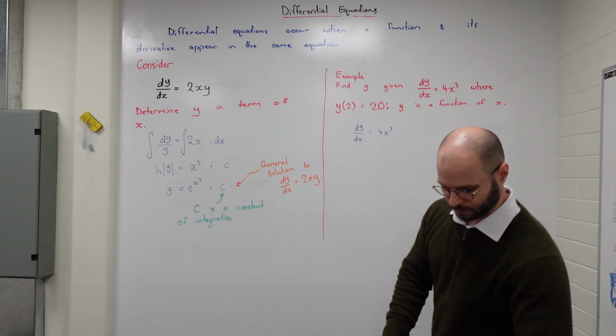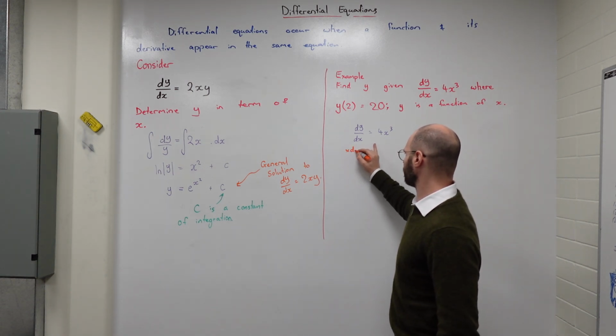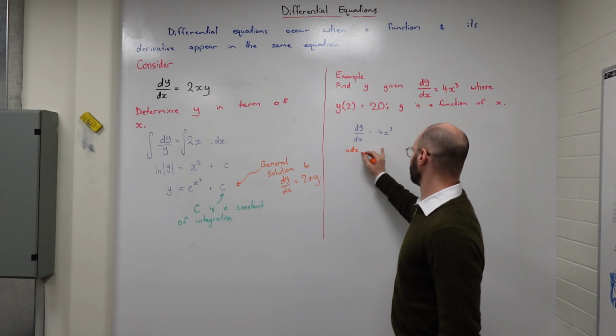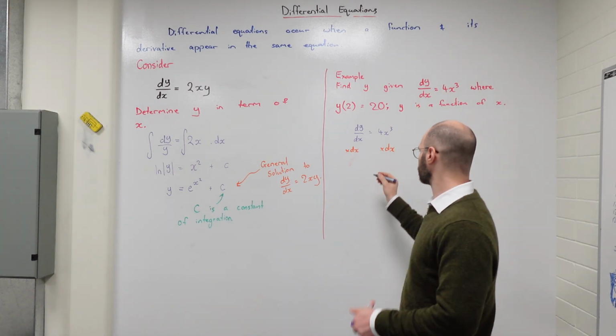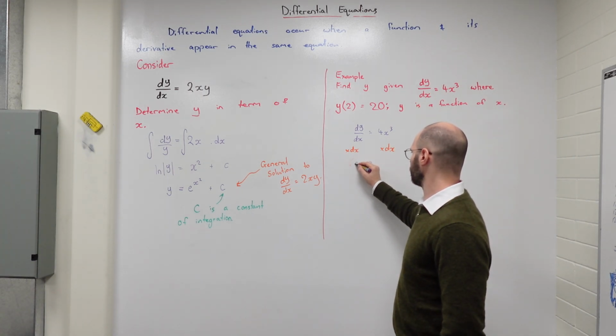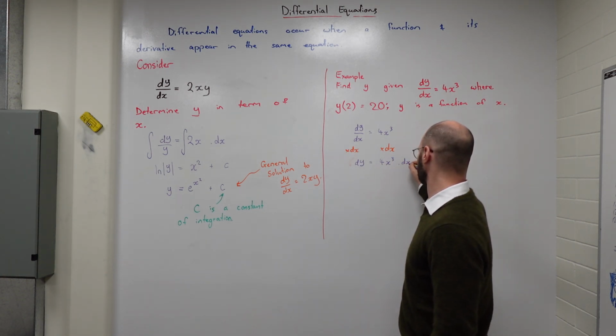So we just times both sides by dx. This will give us dy is 4x cubed dot dx.